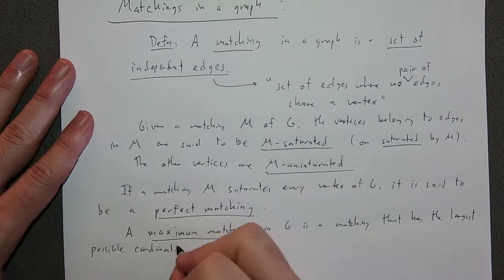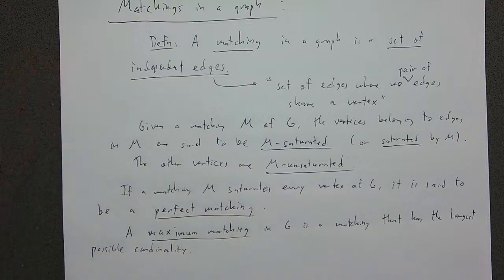Now, cardinality of a set, and this is a set of edges, so this contains the maximum possible number of edges. A maximal matching is a matching that cannot be enlarged by the addition of any edge.